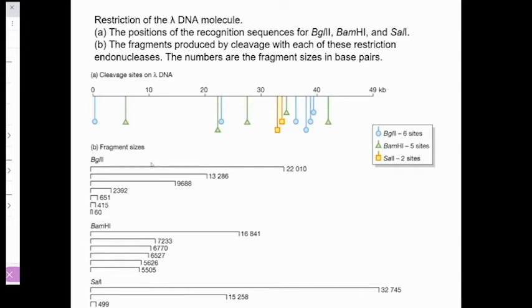So for example here, let's say this is a lambda DNA. We have 49 kilobase long, and then we have different enzymes, and after the digestion, we can predict how many recognition sites of a particular enzyme are in this genomic DNA.